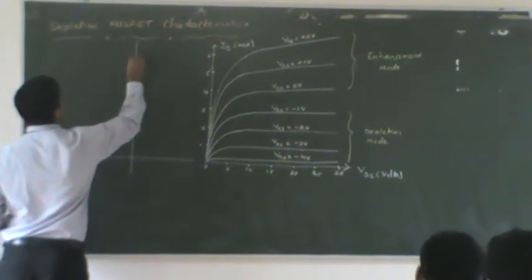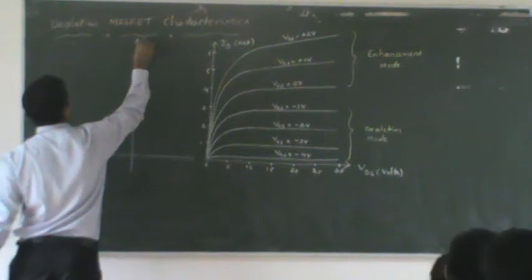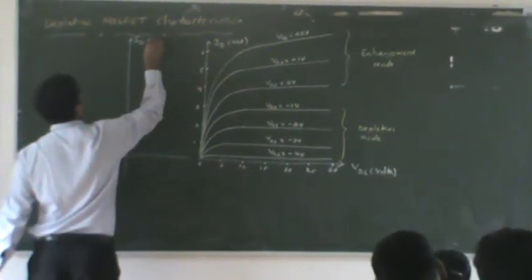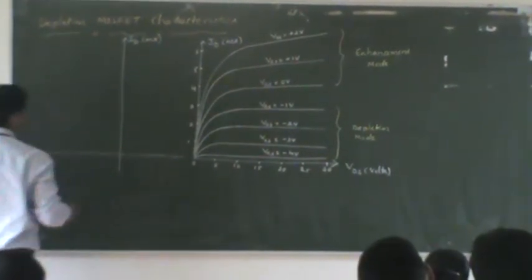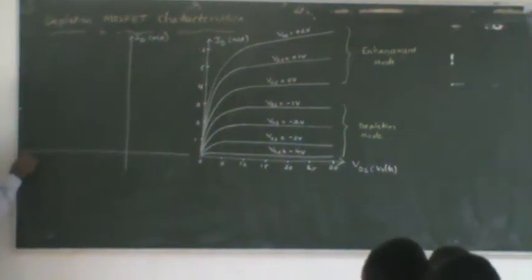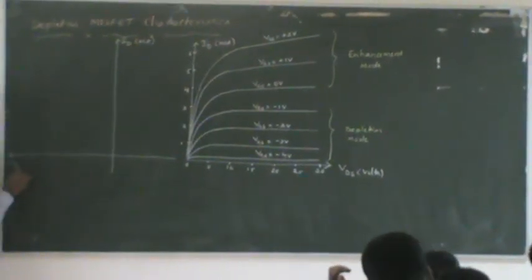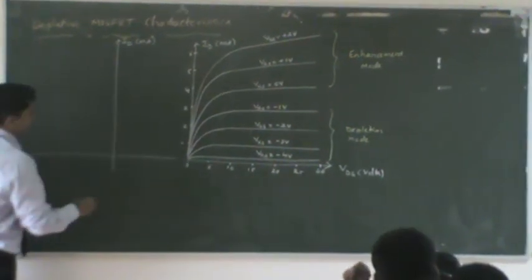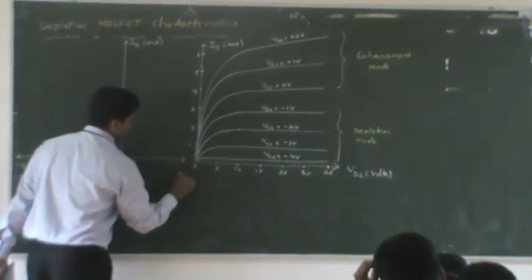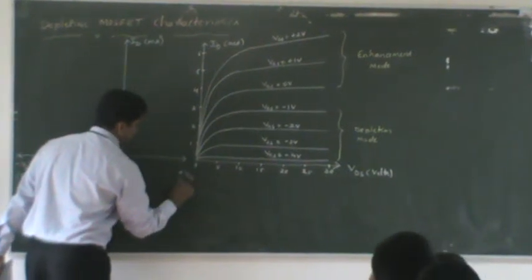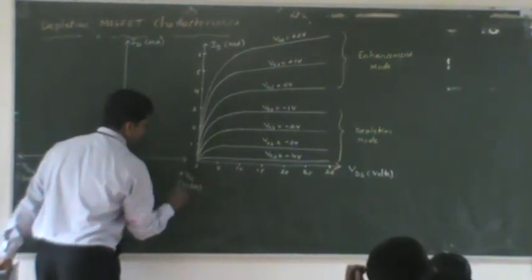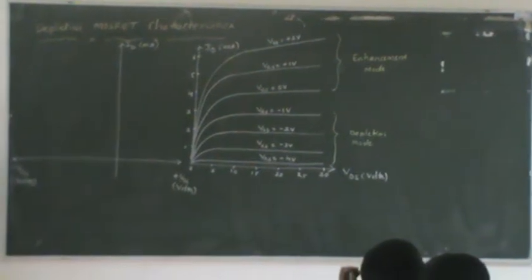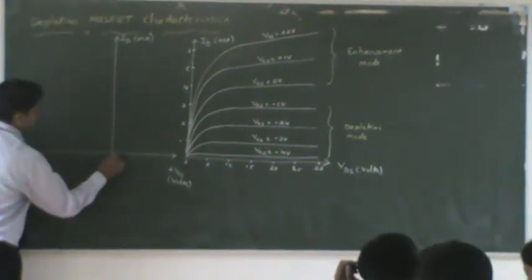So this is my ID axis for transfer characteristics. Here we have minus VGS, which is in volts, along the negative x-axis, and plus VGS, in volts, for the positive x-axis. This is the origin.